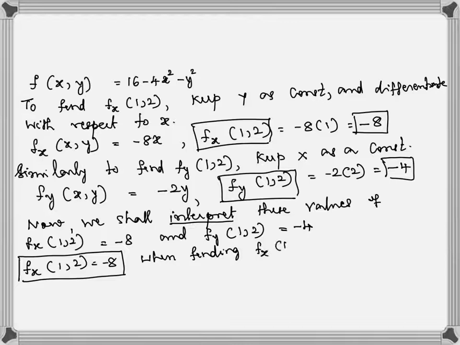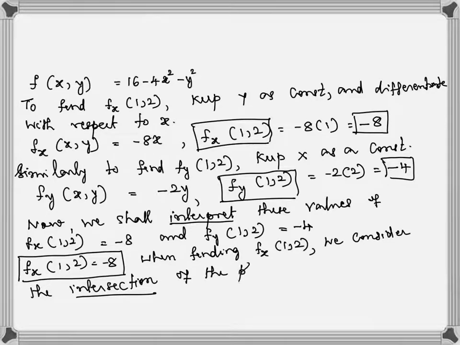When finding fx at (1, 2), we actually consider the intersection of the surface with the plane y equal to 2. So the intersection of the plane y equal to 2 with the surface.